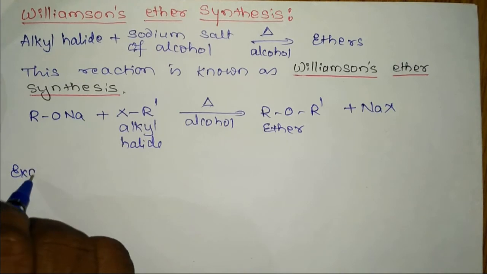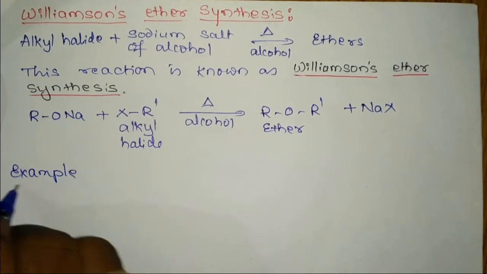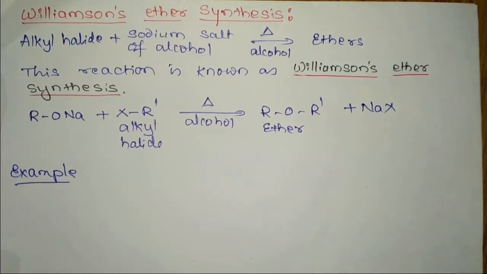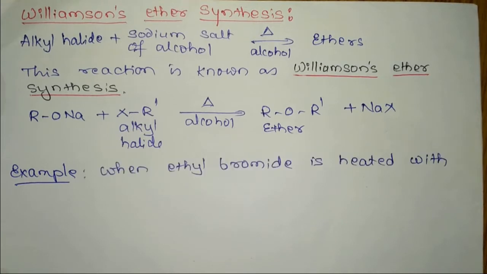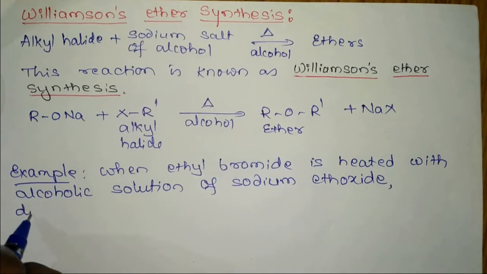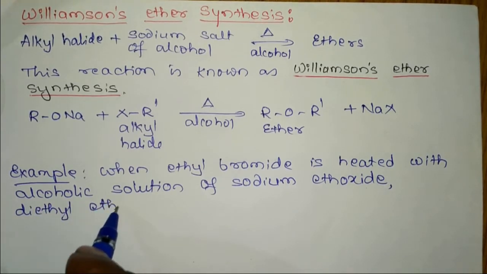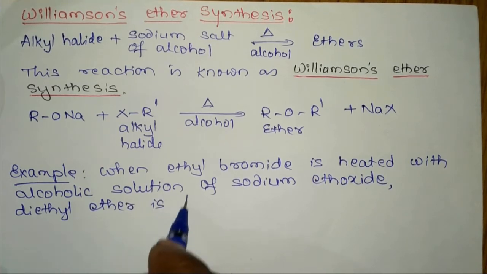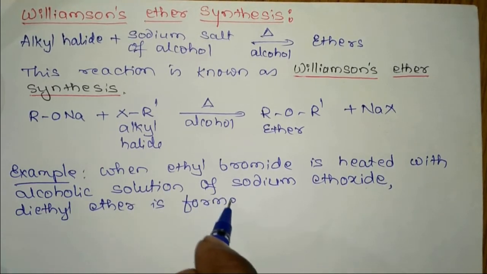Example: when ethyl bromide is heated with alcoholic solution of sodium ethoxide, diethyl ether is formed. This reaction is known as Williamson's ether synthesis.